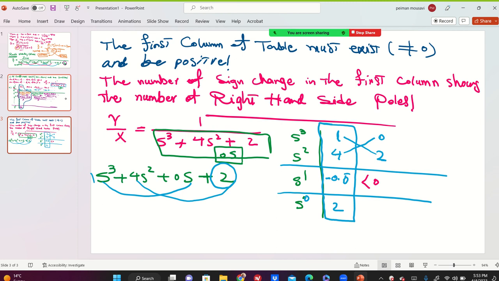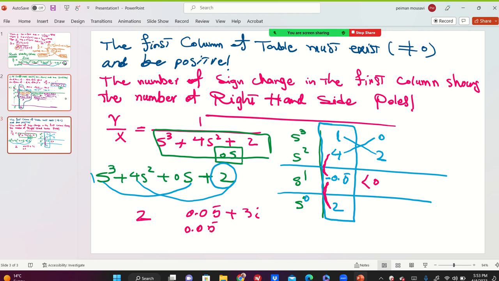I told you the number of sign changes in the first column shows the number of right hand side poles. This is one sign change, another sign change. How many right hand poles do we have? 2. And remember the MATLAB that I just ran for you? It had 2. It was like this, plus, I don't know, just a number, 3i.